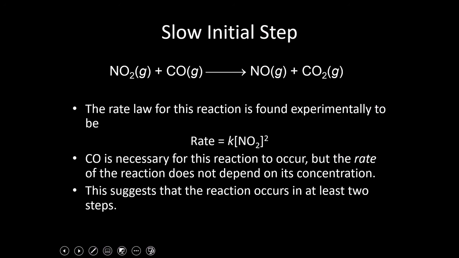There is always one step, one elementary step, one collision or interaction in a multi-step process that is slower than the other ones. And that slow step is what determines the rate law.